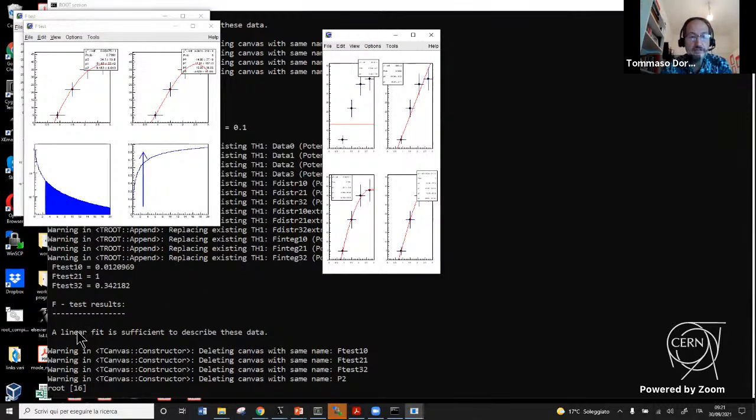So in fact, it says a linear fit is sufficient to describe this data, because the F-test is already equal to 1. So what this tells you is that when you have little data, your model selection is not very powerful. It doesn't allow you to select a model very well, because you cannot distinguish a quadratic from a linear distribution when you have too few events.